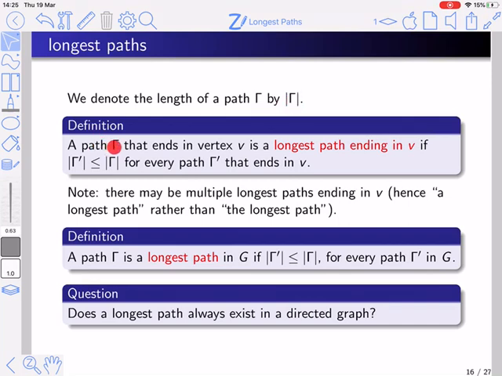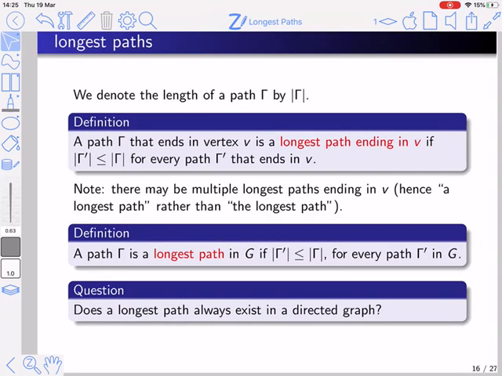Consider a path gamma that ends in a vertex V. We say that this path gamma is a longest path ending in V if for every path gamma prime that ends in V, the length of gamma prime is not longer than the length of gamma. As we've seen in the previous example, we may have more than one longest path ending in a vertex. Hence, we say a longest path rather than the longest path.